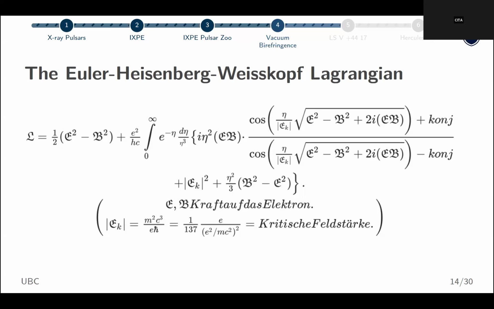And so what that means is that if you have a magnetic field out there, and you have an electromagnetic wave passing through the magnetic field, how fast it moves depends on its geometric relationship to the magnetic field.